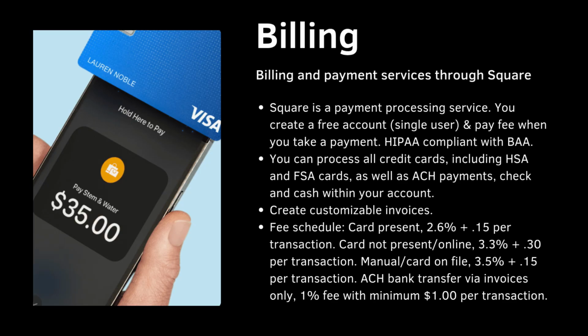It's a little different for in-person versus payments that are done online. And compared to a lot of billing services that are built into traditional EHR platforms, I think this is a genuinely competitive rate. Square also handles appointment scheduling too, which we'll get into next.